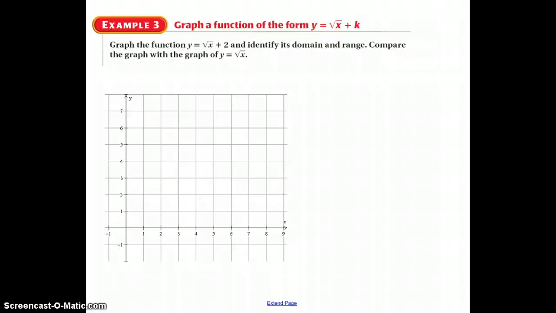Okay, so now we're going to take a look at the vertical translations. So we have our graph y equals square root of x plus 2. Plus 2 is on the outside, so we're going to be moving up and down, and this will be a vertical translation up 2.